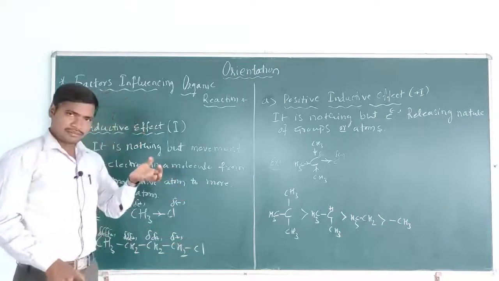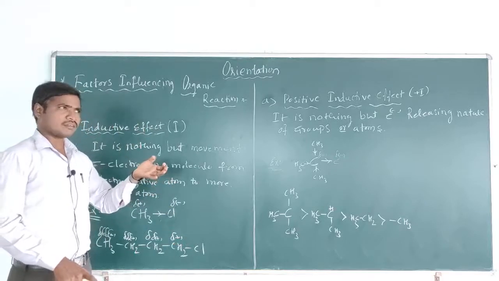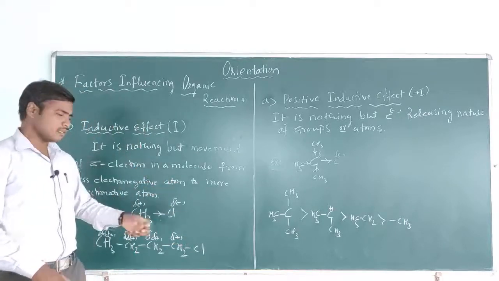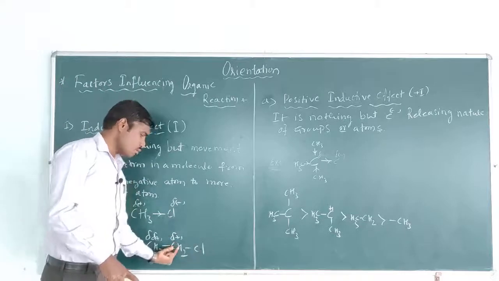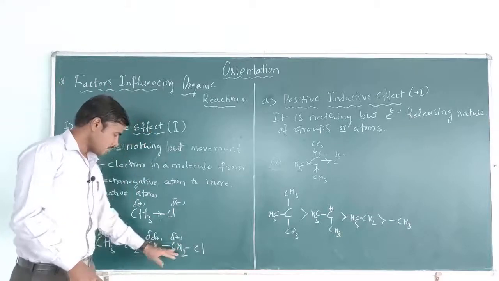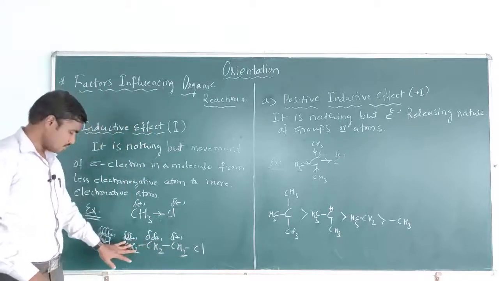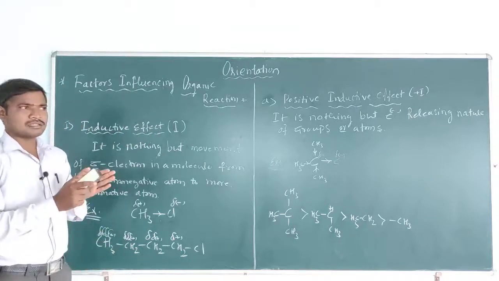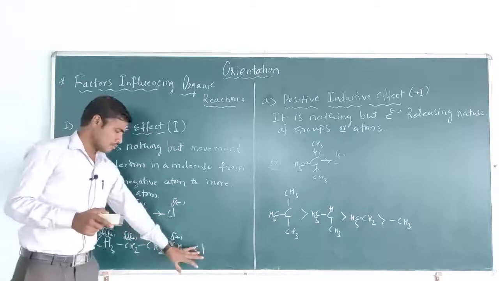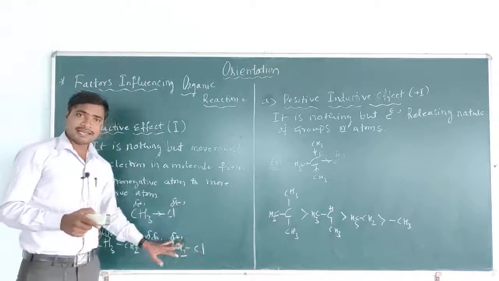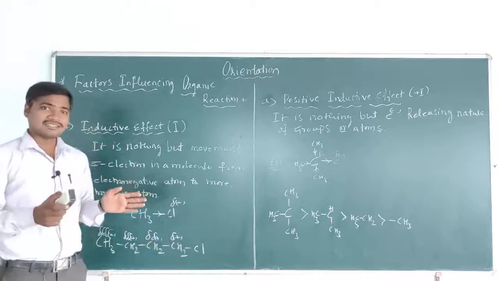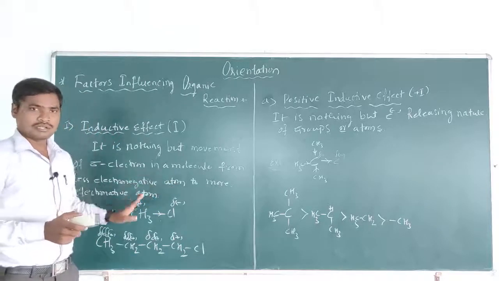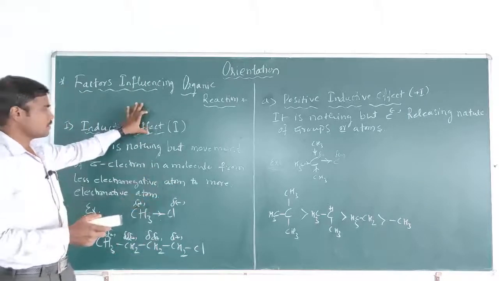The electron attraction of this chlorine atom is greater on this carbon atom as compared to the next carbon atom, and the ones after it. As the distance between the more electronegative atom and the carbon atom increases, the effect decreases. This is the inductive effect.